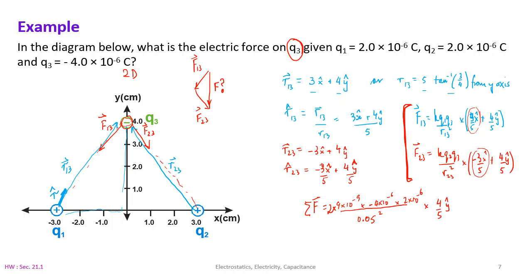So what we get is minus 46 y hat newtons. In other words, 46 newtons in the negative y direction.